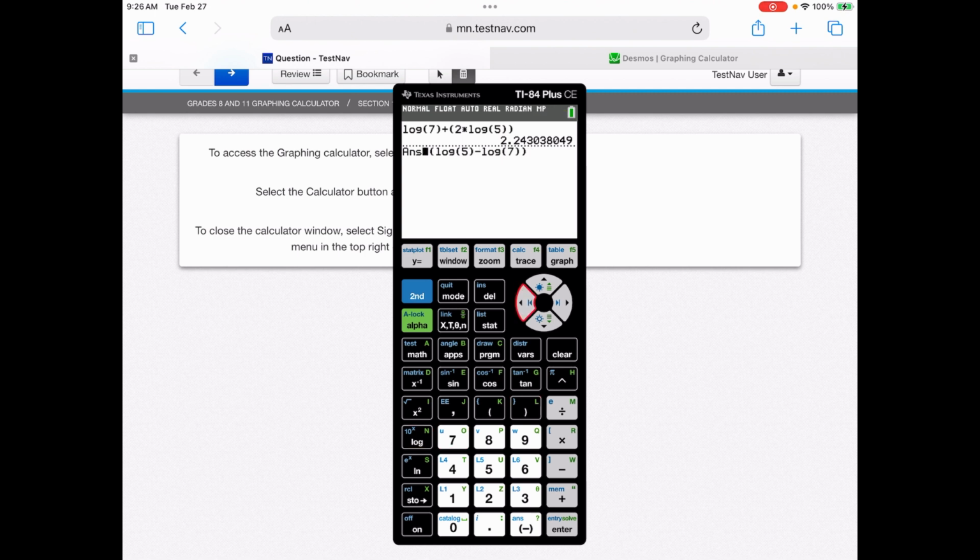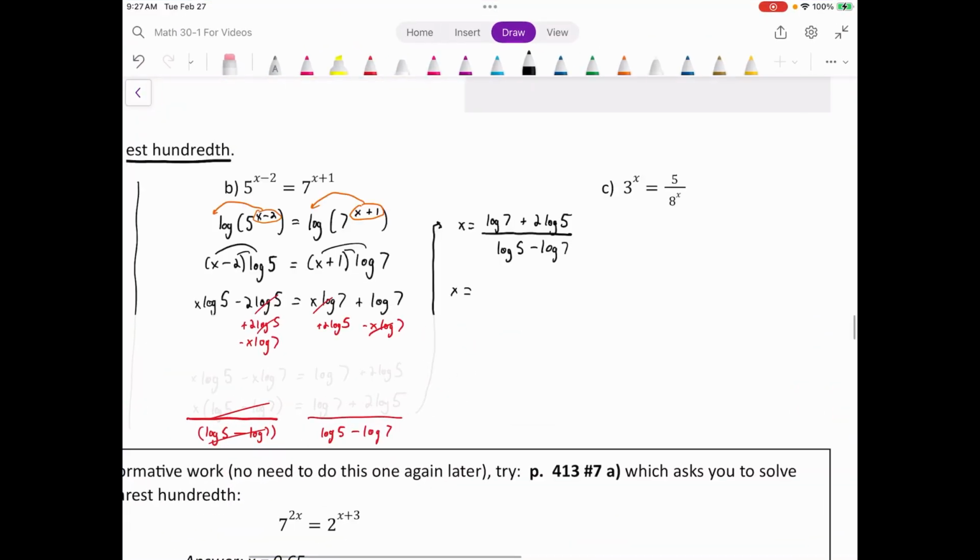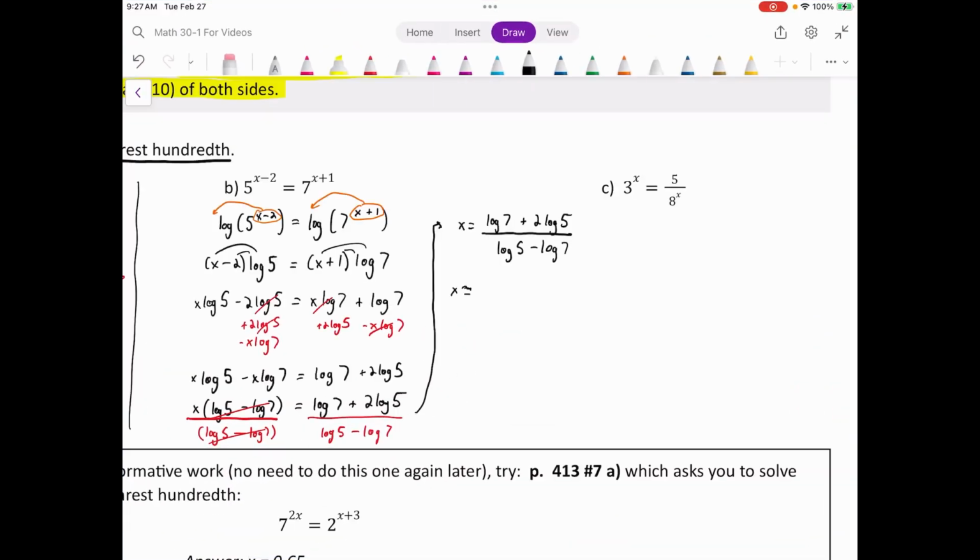Otherwise, it's going to divide your answer by the log of 5, and then whatever that is, it'll subtract log of 7. But we don't want that. We want to divide by the log of 5 minus the log of 7, right? All of that's our divisor. And that gives me negative 15.35. So to the nearest hundredth, x equals negative 15.35.